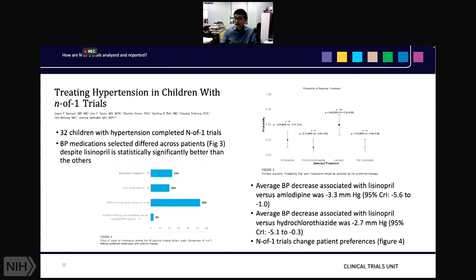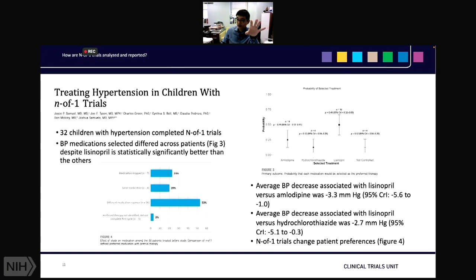So now let's look at how N-of-1 trials are analyzed and reported in the literature. Going back to the first example of treating hypertension in children. In this report, 32 children with hypertension completed N-of-1 trials. At the end of the study, remember that there are two cycles.